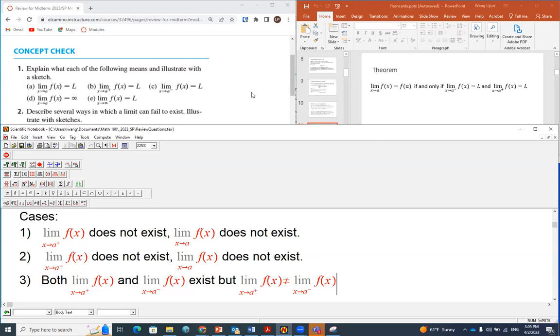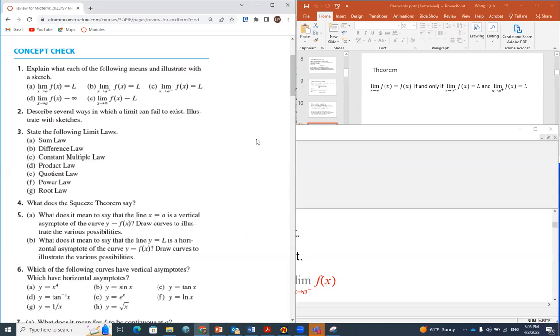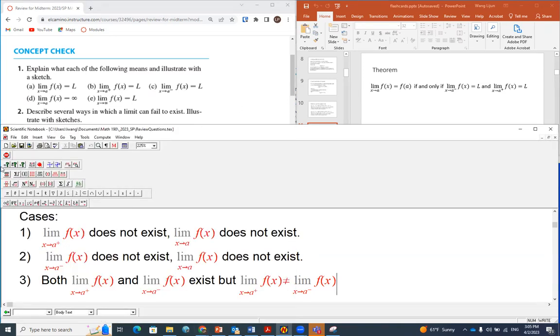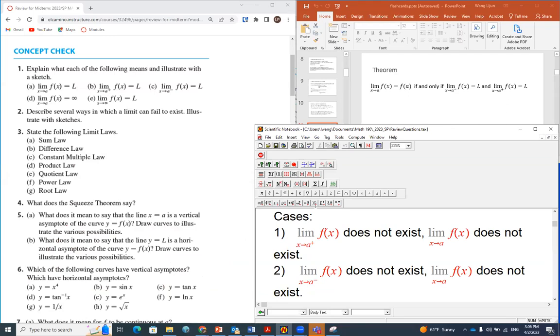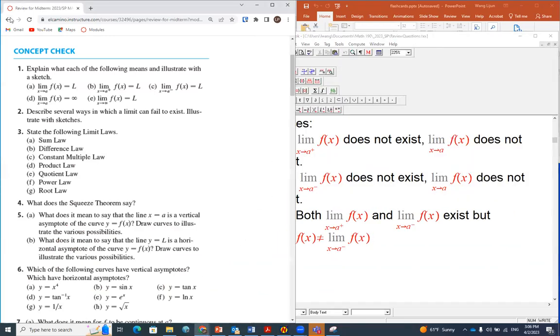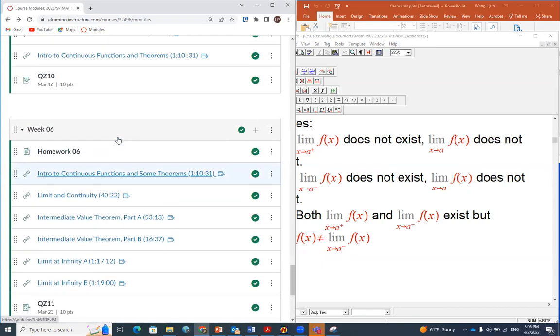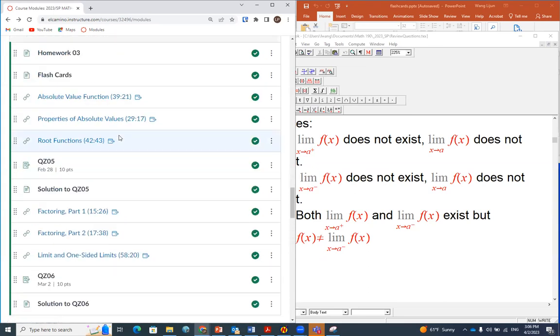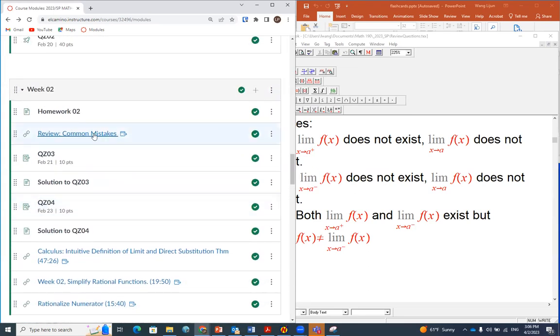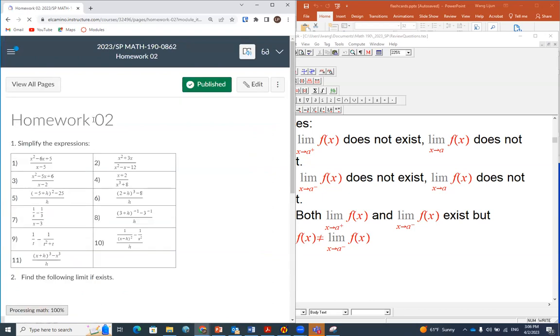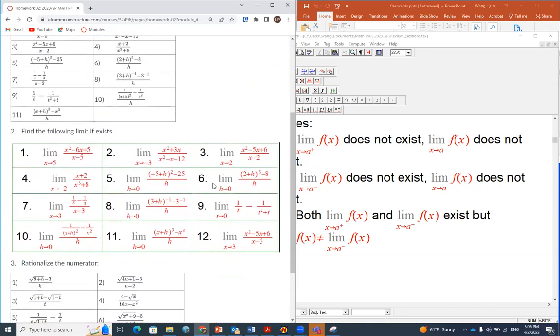Let's look at the homework questions that we have done. We're going to go back to look at our homework questions. Week two, we handle those algebraic situations.